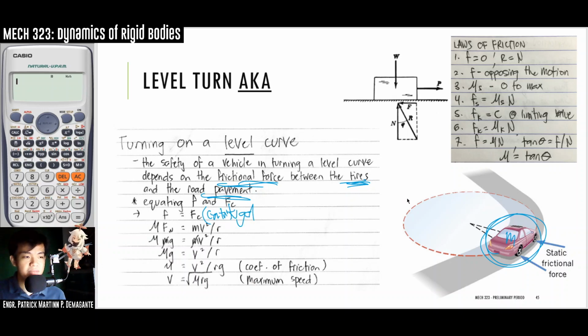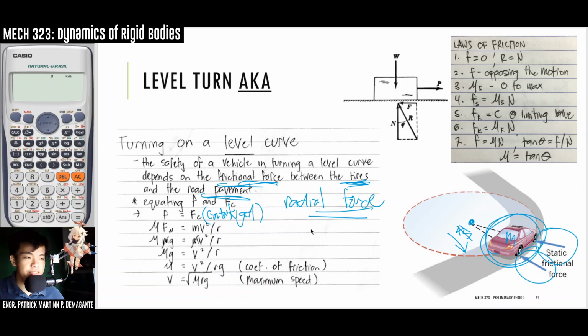So, pwede nating itong FC na to as yung ating centrifugal. Pag centrifugal naman, opposite in direction ni centripetal. So, pag si centripetal kasi, diba, inward. So, si centrifugal natin, outward. Then, ang pipigil sa kanya is yung static or yung frictional force natin. Okay, balik. Equate lang. F is equal to FC. So, same formula yung gagamitin pero as centrifugal siya. So, yung centrifugal and centripetal force ay example ng radial force.